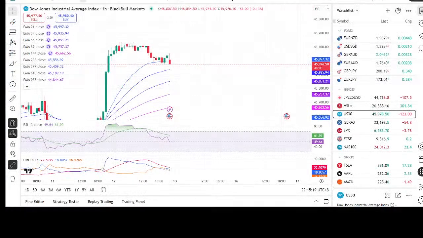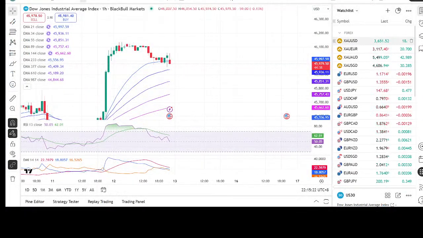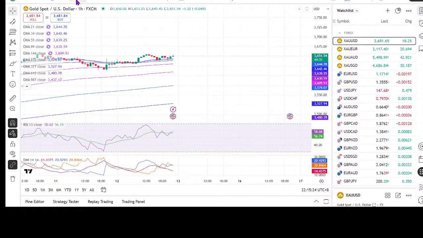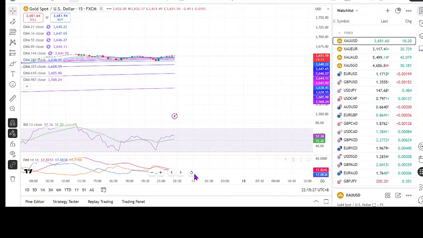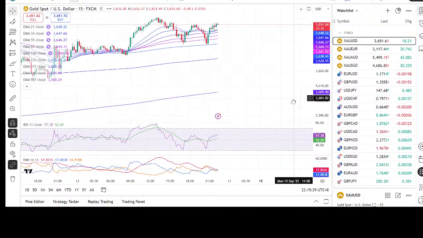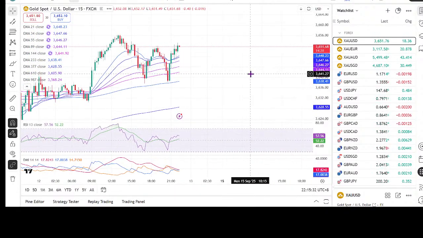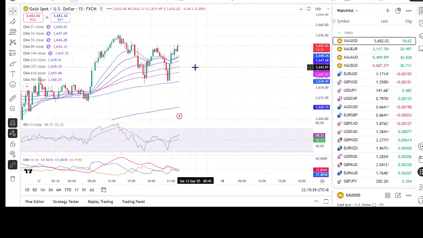While we are waiting, let's go and see the gold. Here we have seen the first 15 minutes, and remember I told you we should see the price closing above this level, then it can be healthy and convincing.